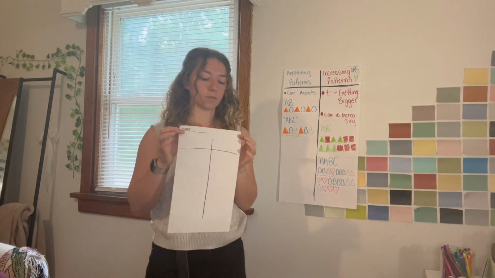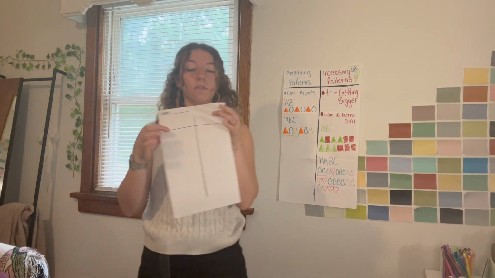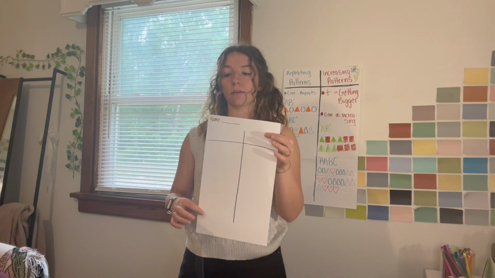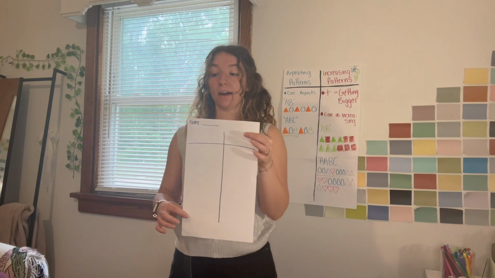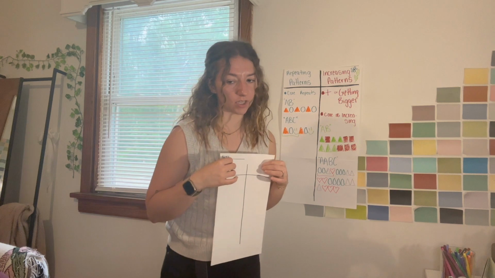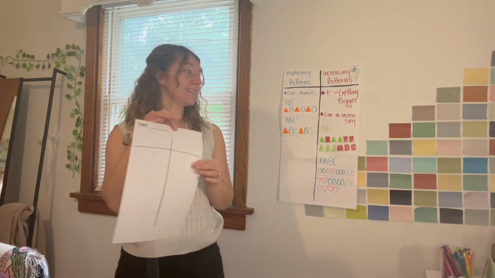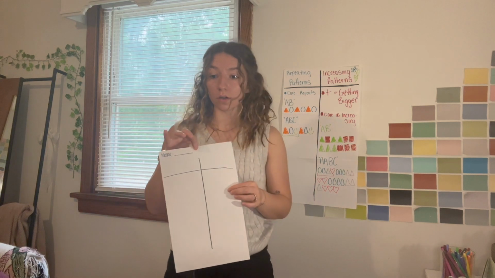Write your name. Yes. What goes over here? Yep. Repeating patterns. And what should I write over here? Increasing patterns. That's right. Now, I challenge some of my speedy workers to identify the core of the pattern.